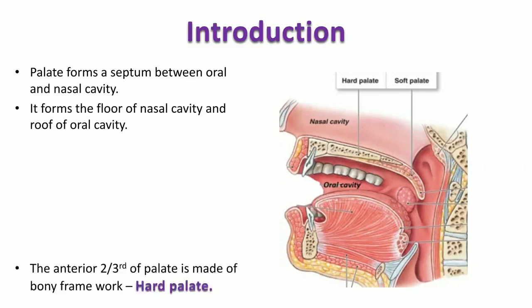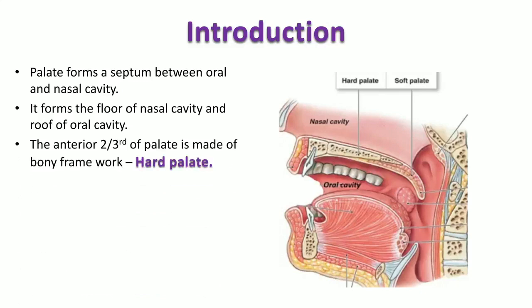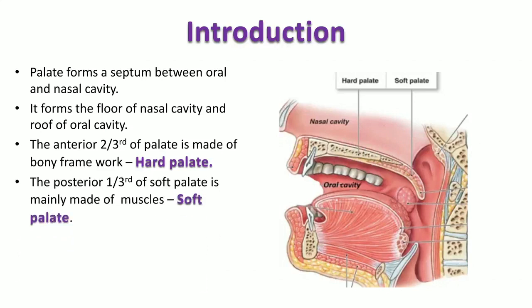Now, the anterior 2/3 and the posterior 1/3, both the bony and the soft palate, are covered by the mucous membrane on both surfaces, that is the inferior surface as well as the superior surface.